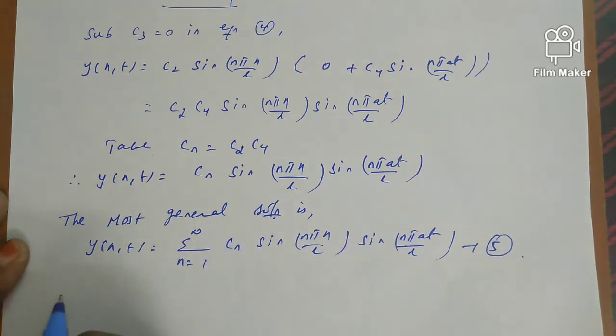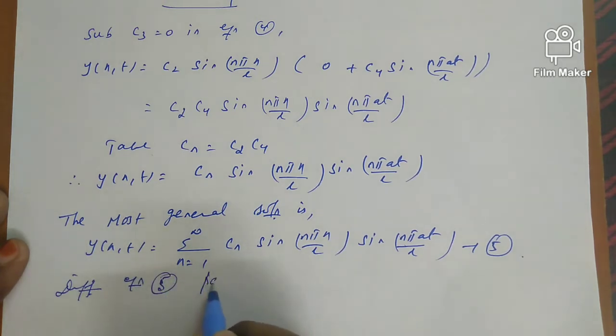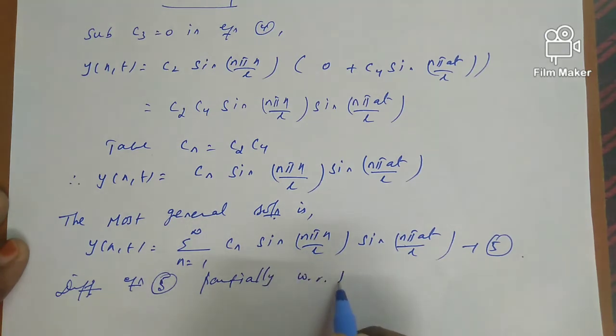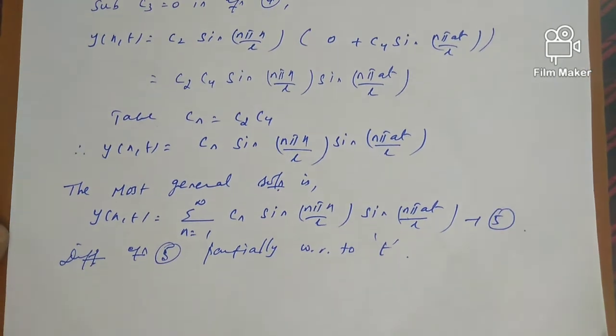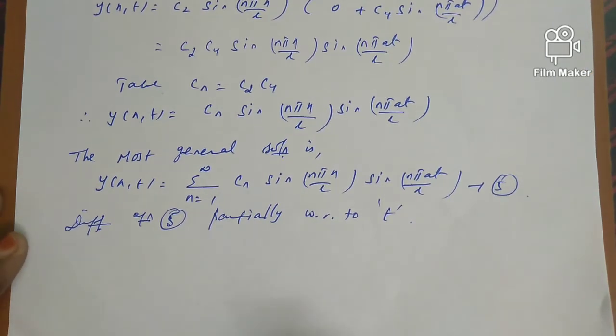So differentiate equation 5 partially with respect to t. Okay, because we are going to apply the initial velocity, that is why we are differentiating the above equation partially with respect to t.